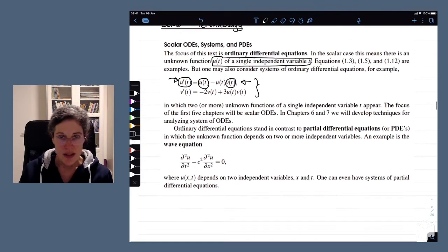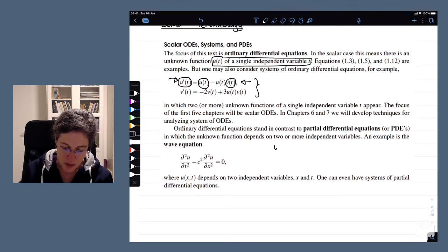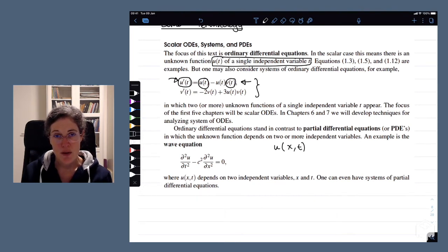On the other hand, and this probably will help you see the difference, you might have a function, for example, u, which is a function of, for example, x and t. These are the kinds of things, if you took multivariate calculus with me last period, that we encountered. Now we know that you can take partial derivatives of functions of more than one variable, and in that case, you can use those different partial derivatives to put together equations.